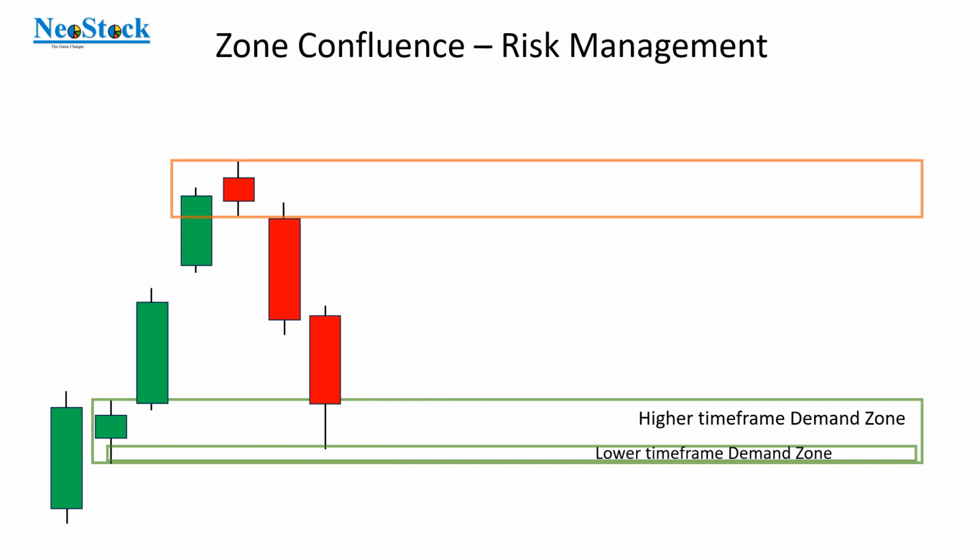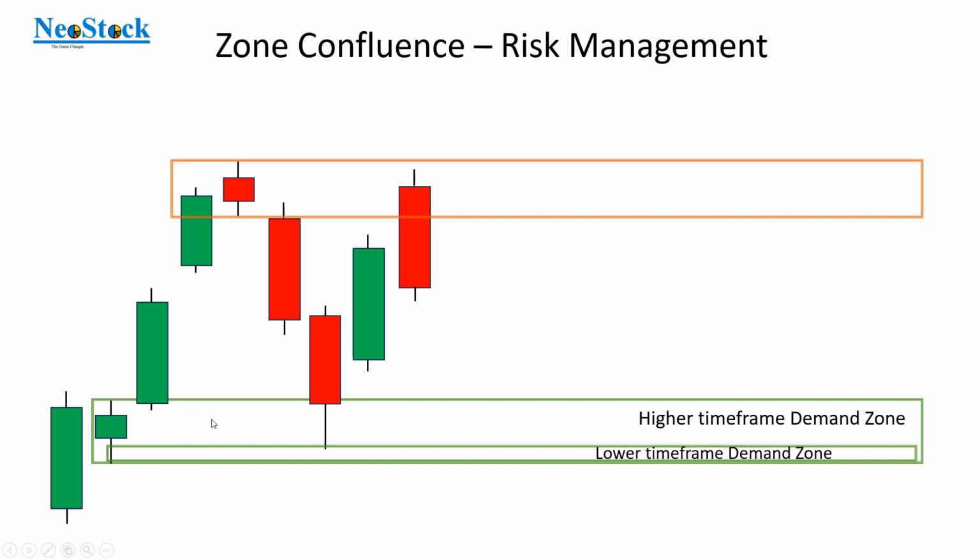See here, next time the prices entered up to the lower time frame demand zone. There the real order flow is there. Now it pushed the prices up, and after that the prices went up. Again after that the supply zone is pushing the prices. Okay, that is a different story. But see here how the lower time frame demand zone worked.